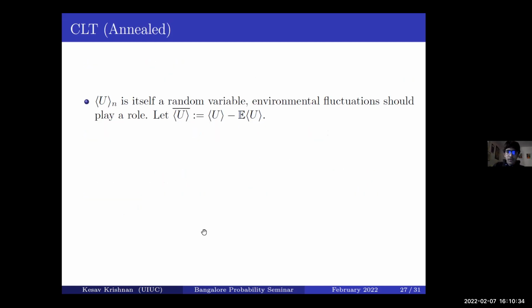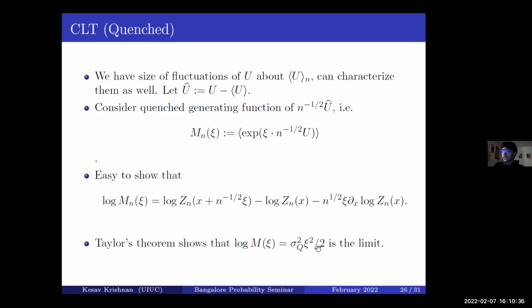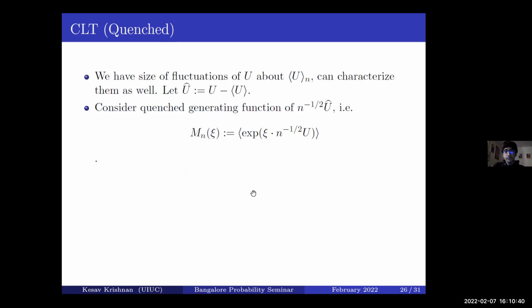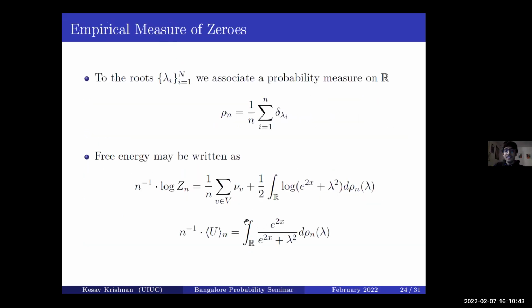Just for a moment, I should mention that the expression sigma q squared for the number of unpaired vertices can be written in terms of this limiting empirical measure. I remember there was a question earlier on as to what the relationship between the constants was. The free energy is the limit of the integral of log of e to the 2x plus lambda squared with respect to this empirical measure.